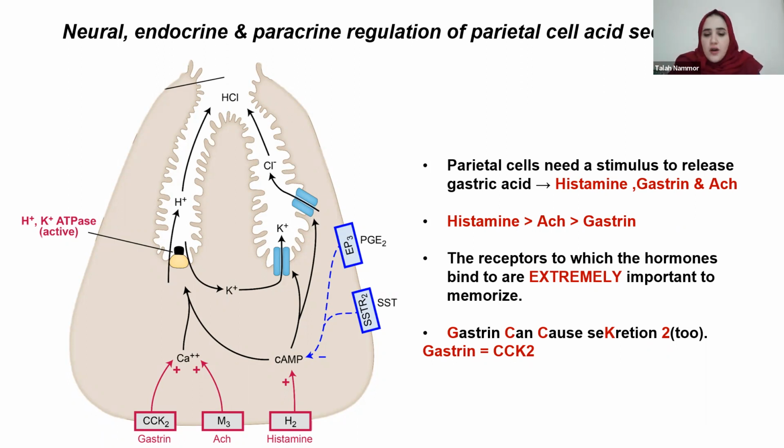What is HCl made up of? Hydrogen and chloride ions. Exactly. So it's made up of hydrogen and it's made up of chloride.